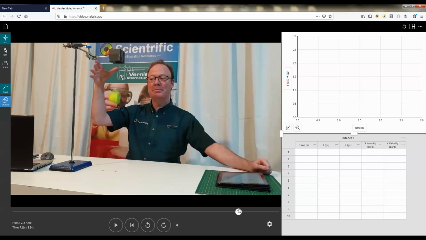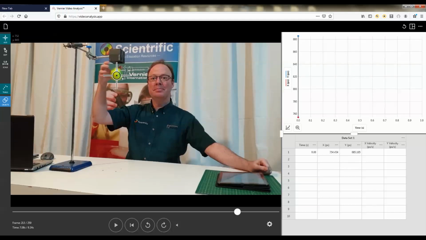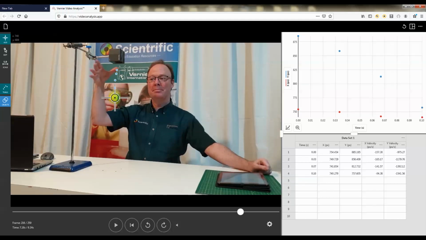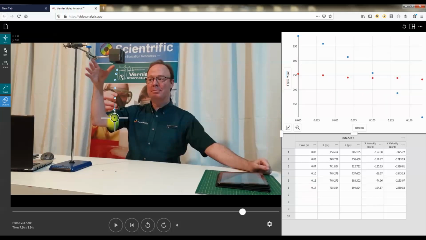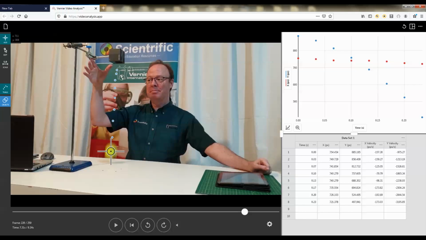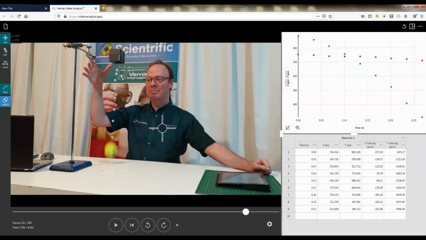From that point where my hand opens, I can then attach dot points to the ball as it falls down and hits the table.